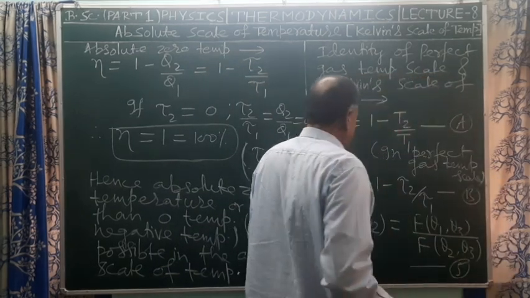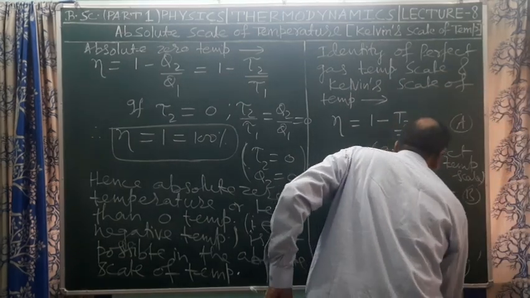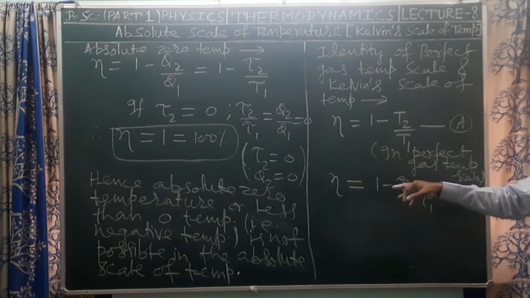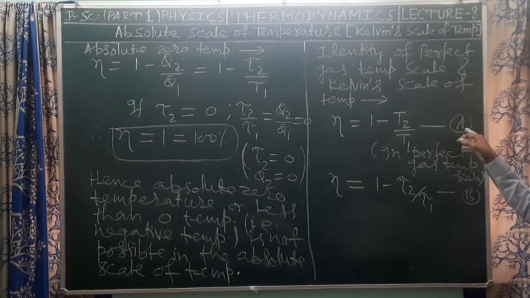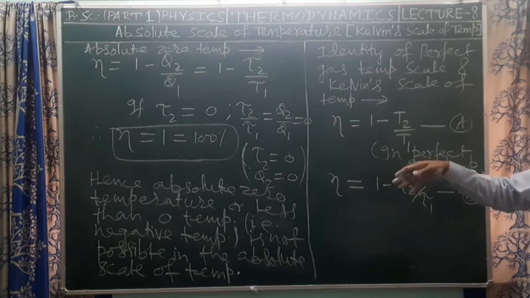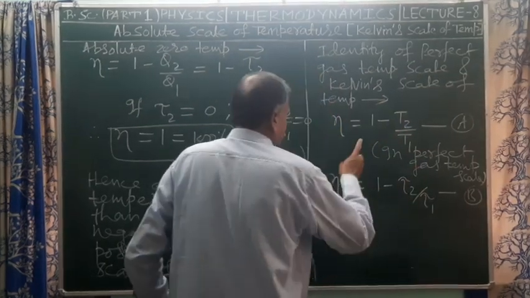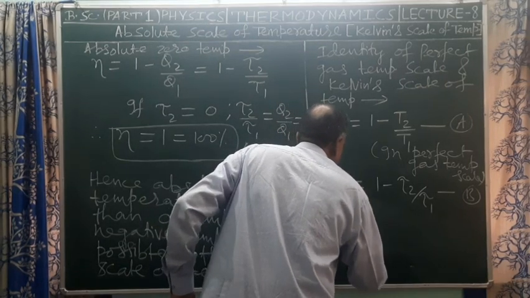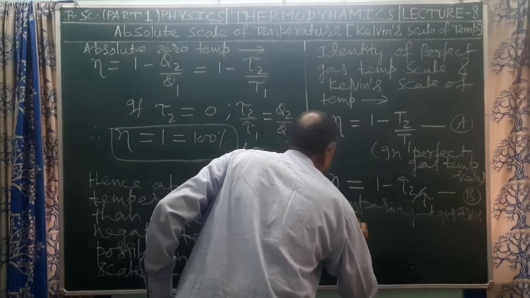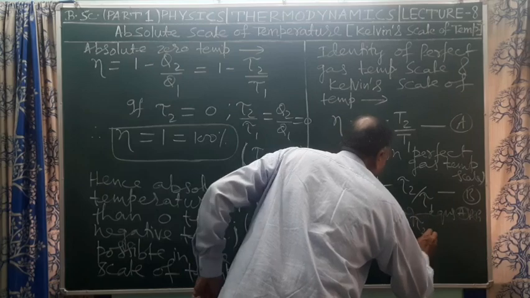Suppose it is equation number A. So comparing both equations A and B, because the efficiency eta is present on the LHS of both, we have 1 minus T2 upon T1 equals 1 minus tau 2 upon tau 1.